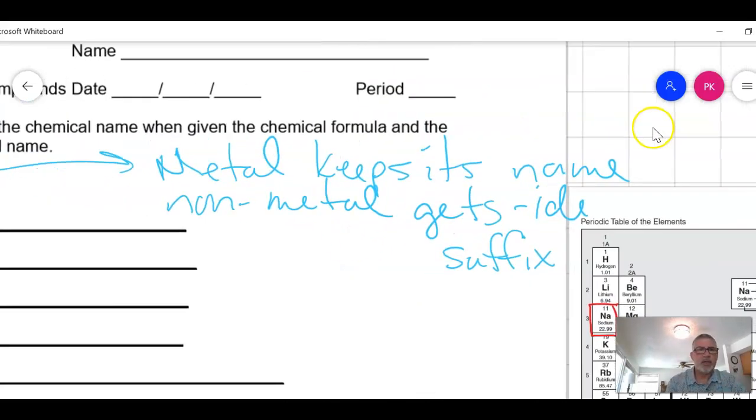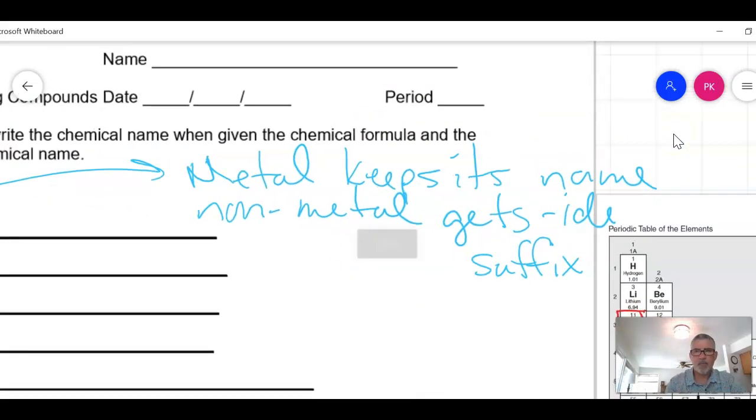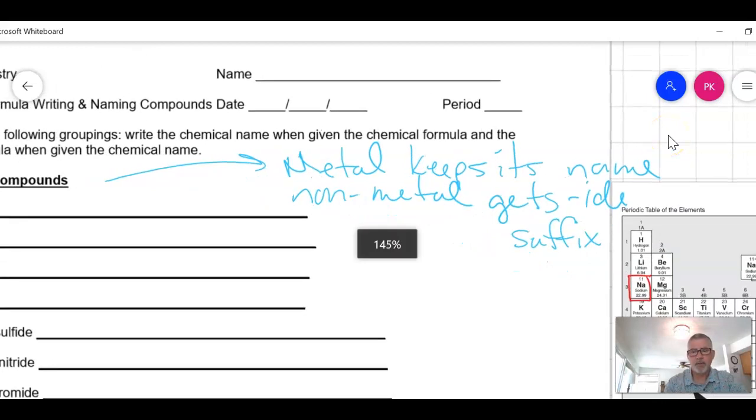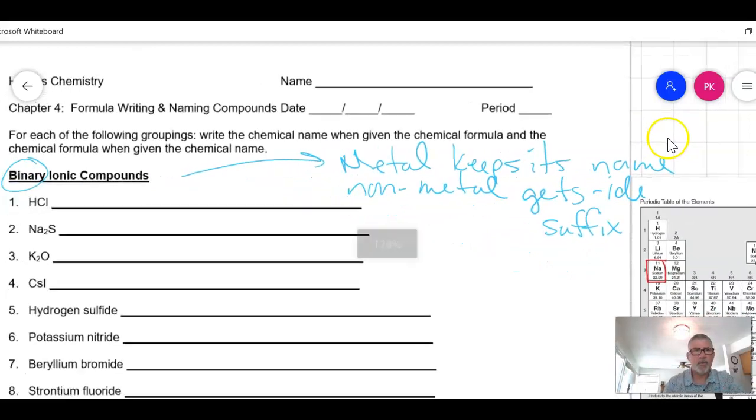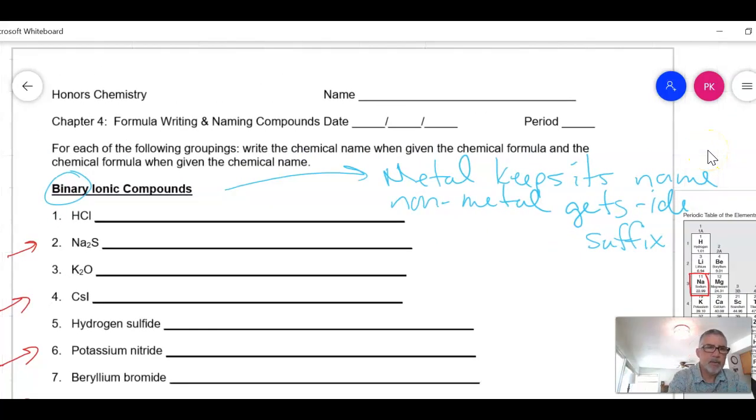Na is sodium, and the S, which is sulfur, becomes sulfide.